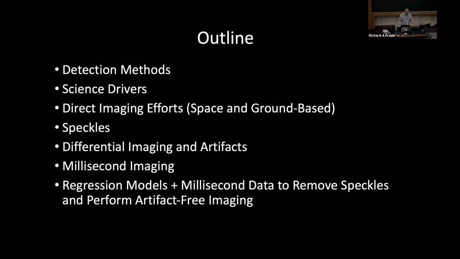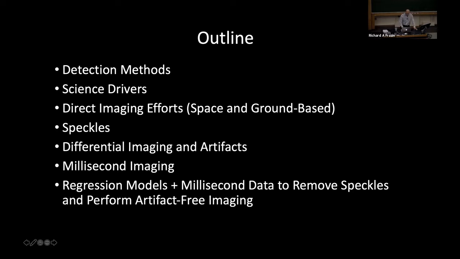I'm going to briefly summarize current and planned efforts, and this will bring us into the problem of speckles, and we'll hear a lot about them later, but speckles are the real problem when it comes to direct imaging of exoplanets.